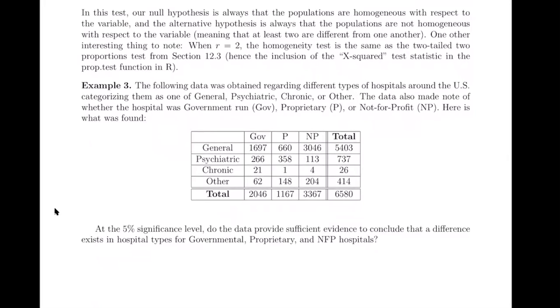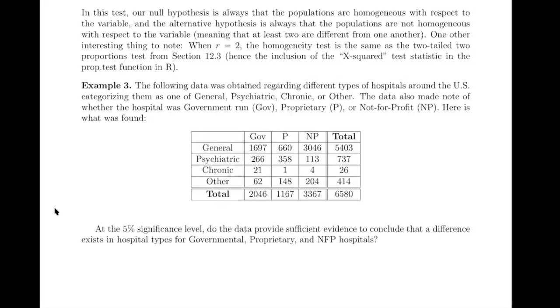So they list the totals here. So of the general hospitals, 1,697 of them were government run, 660 were proprietary, and then 3,046 were not for profit. Okay, for a total of 5,403 hospitals that were general hospitals, and so on for the rest of the data. Okay, and so altogether there were 6,580 hospitals.